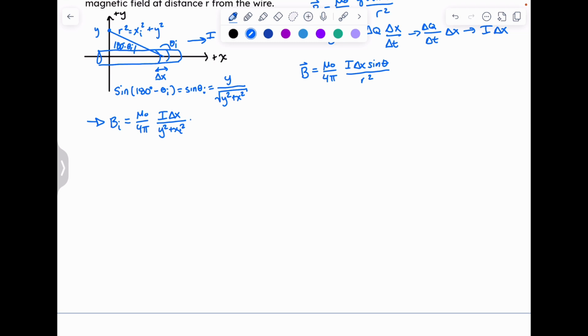And I'm going to multiply by sine of theta. So I have y over my square root of y squared plus xi squared. This will simplify B i into mu naught over 4 pi, and then that's going to give us I y over y squared plus xi squared to the 3 halves delta X.